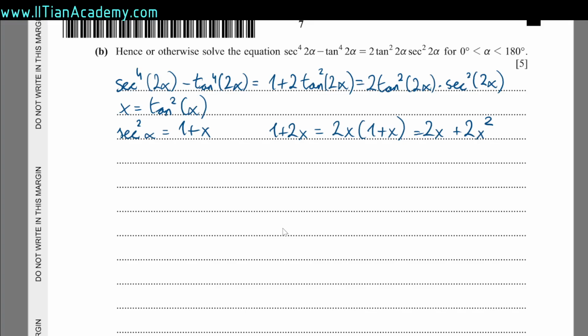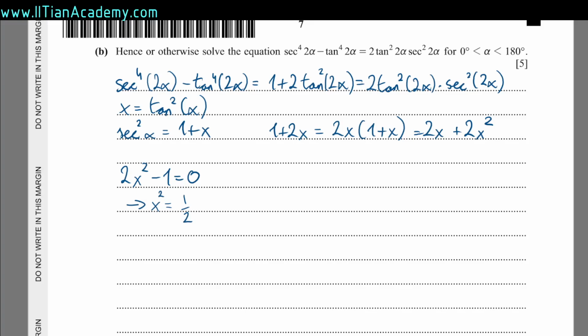So basically we just have a quadratic for x. If I rearrange everything to 0, we have a 2x on both sides, so we just have 2x squared minus 1 is equal to 0. From this we get that x squared is a half.